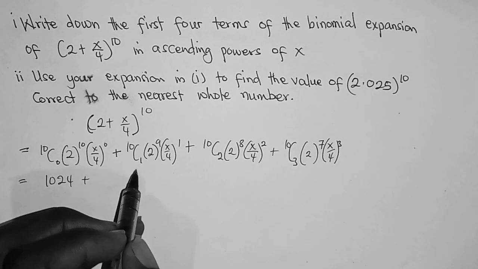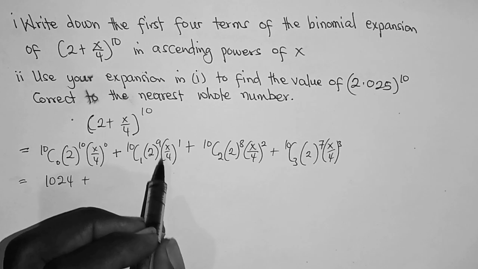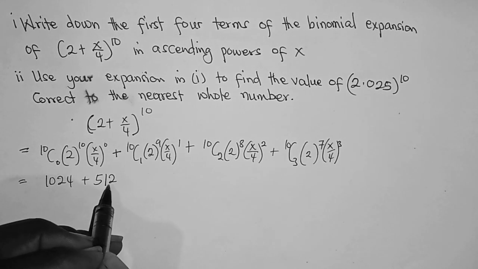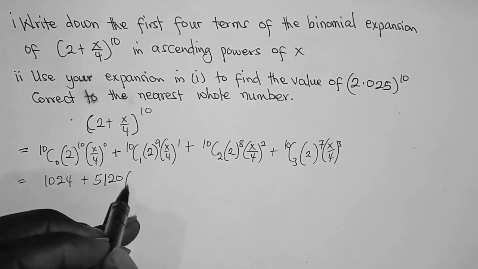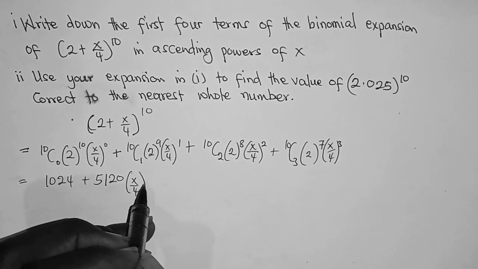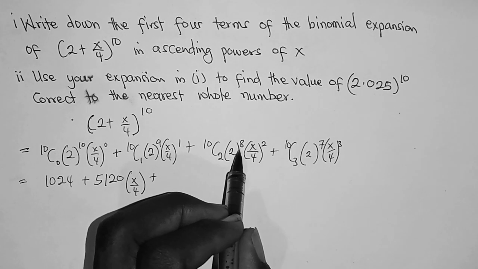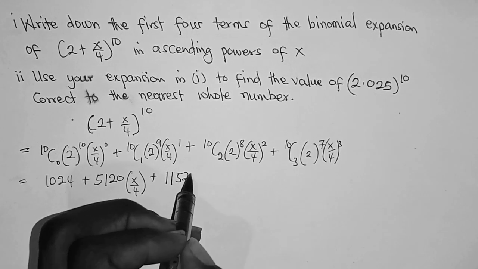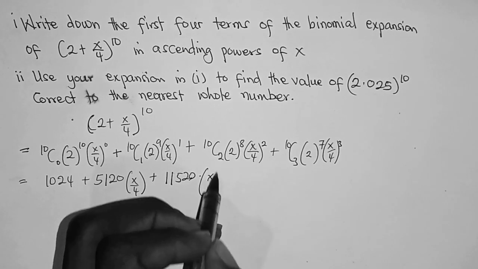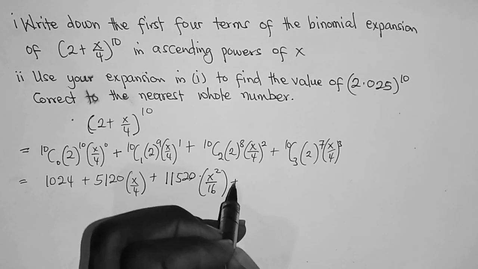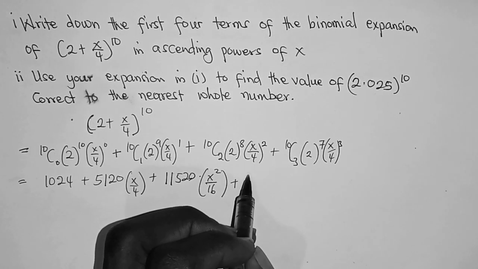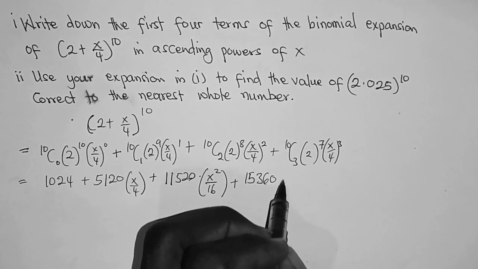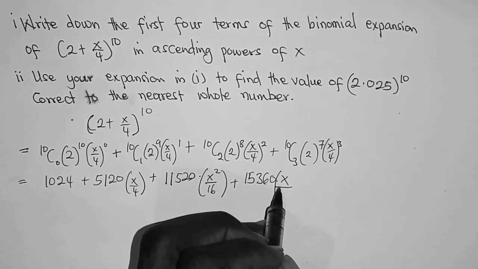Then plus 10 combination 1 times 2 exponent 9 times 1 over 4 times x will give 5,120 times x over 4, then plus this term, which is 10 combination 2 times 2 exponent 8, and that will give 11,520, then times x squared divided by 4 squared is 16, then plus 10 combination 3 times 2 exponent 7 is equal to 15,360, then times x exponent 3 divided by 4 cubed is 64.